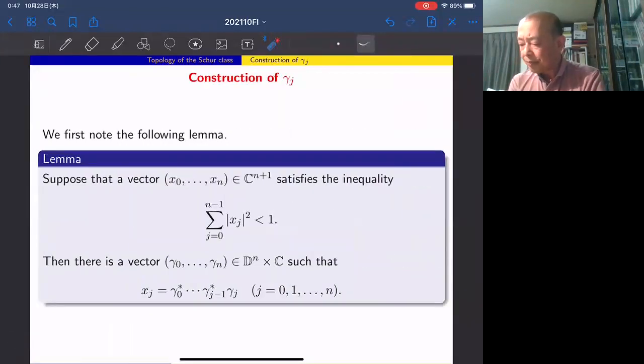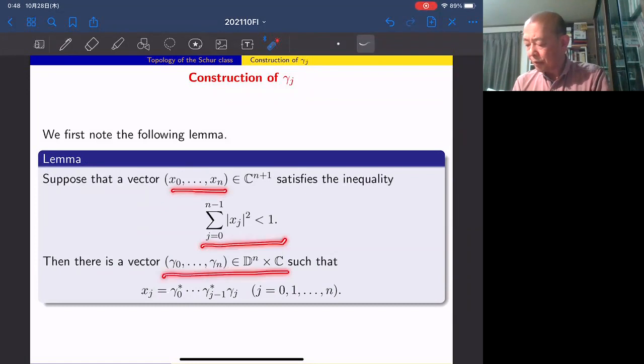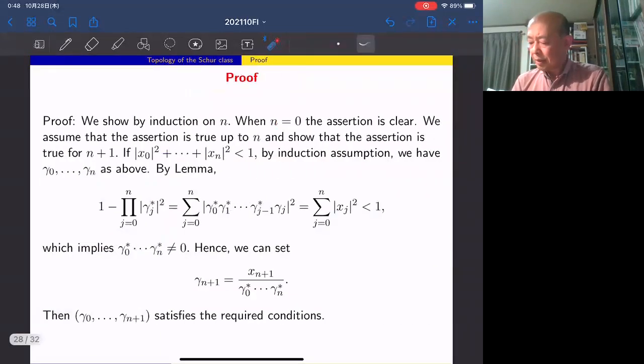And this slide says that this is also a bit of a technical lemma, but maybe this lemma is in some sense important. So if the sequence satisfies this condition, then there is a vector of this form such that this is satisfied. Again, this is shown by just a straightforward calculation.